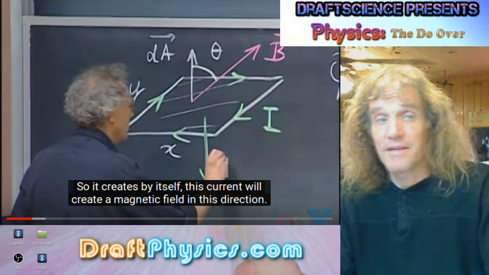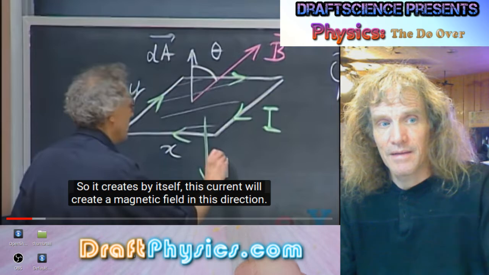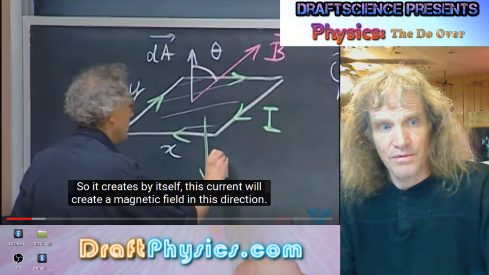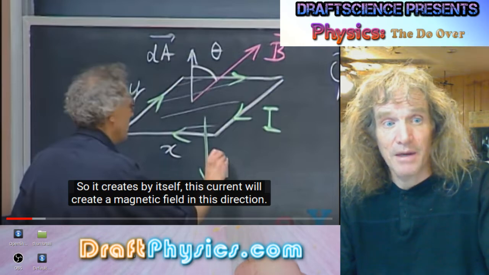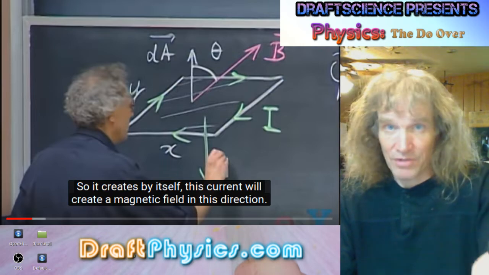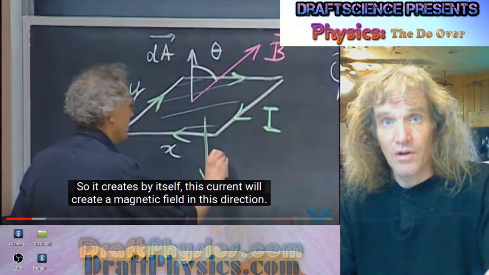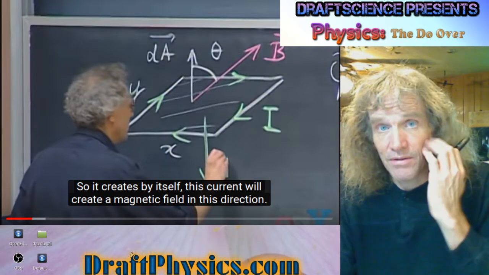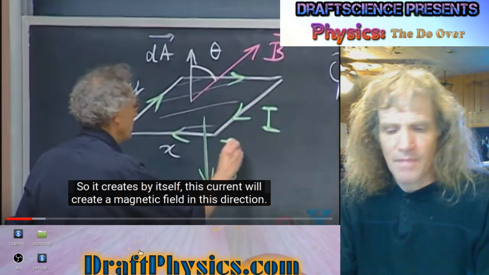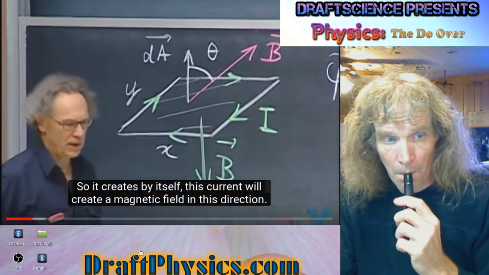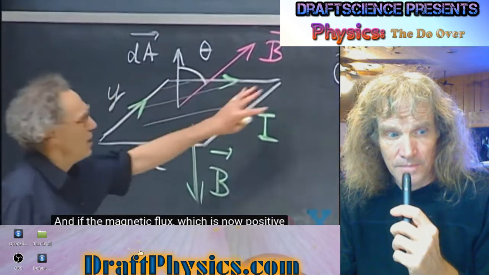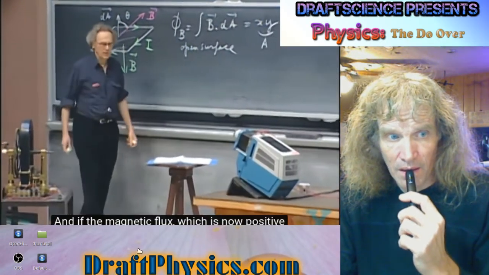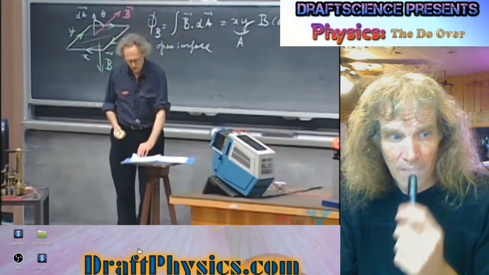But it's being created by a different mechanism than the induction of the charge. So there's two ways you can create the phenomenon. You can force the pressure right into the conductor, or you can induce the charge through a magnetic field. By itself, this current will create a magnetic field in this direction. And if the magnetic flux, which is now positive, the way I've defined it, were decreasing, then the current would go the other way around.